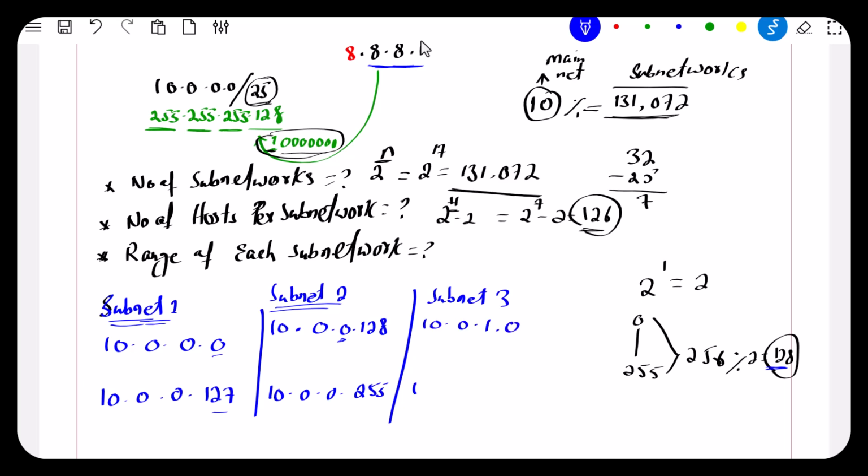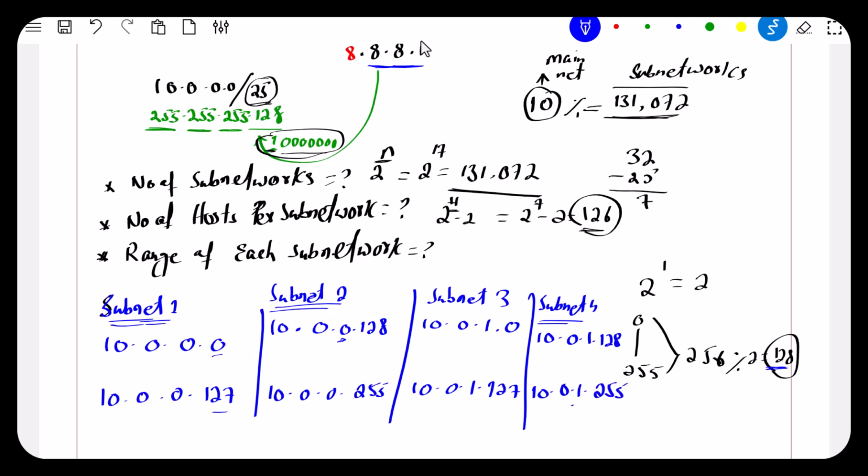Subnet 3: 10.0.1.0 to 10.0.1.127. Subnet 4: 10.0.1.128 to 10.0.1.255.